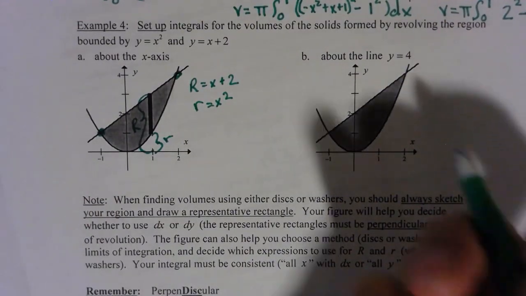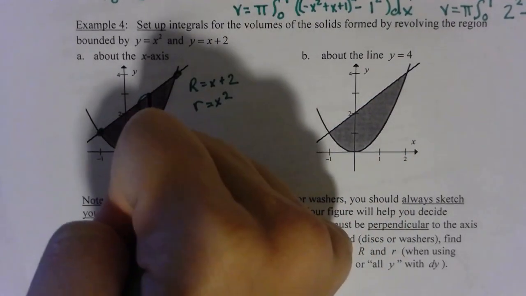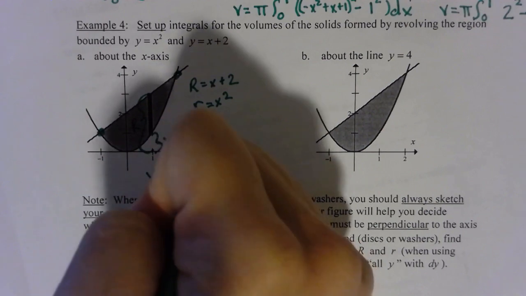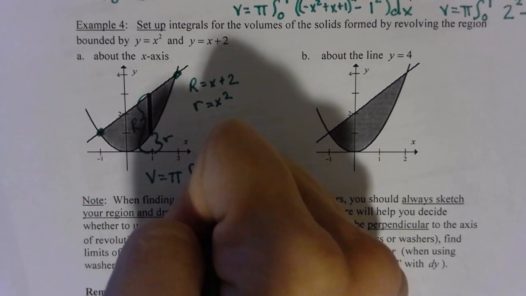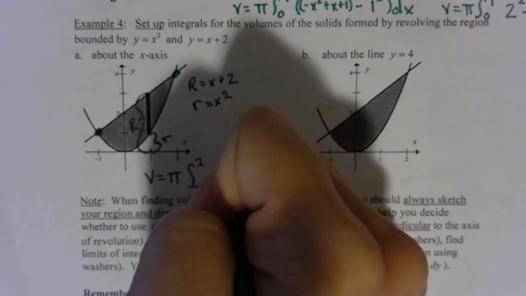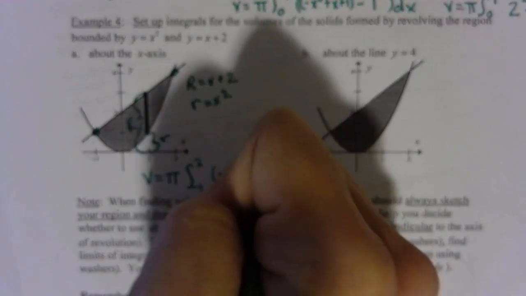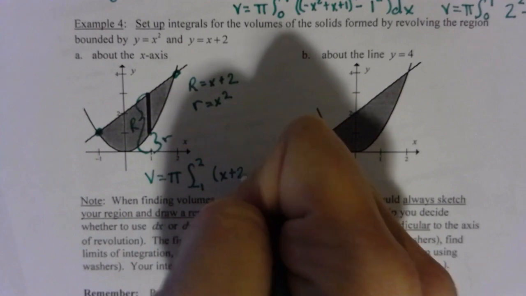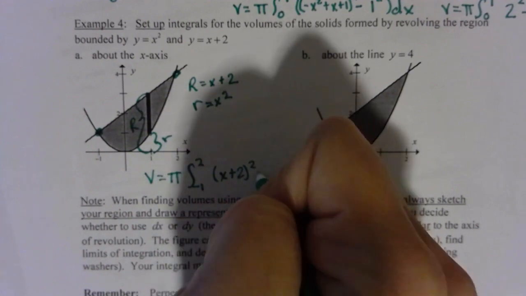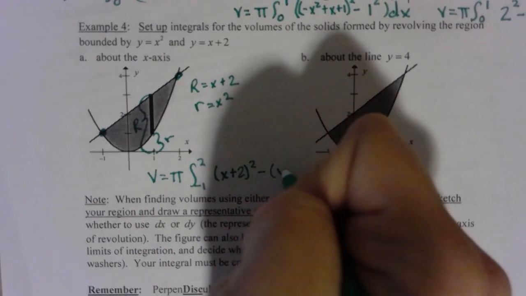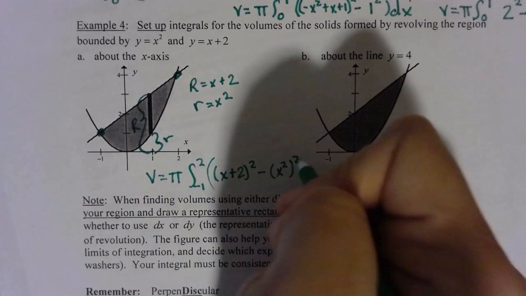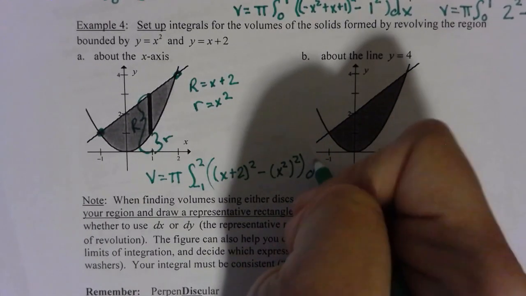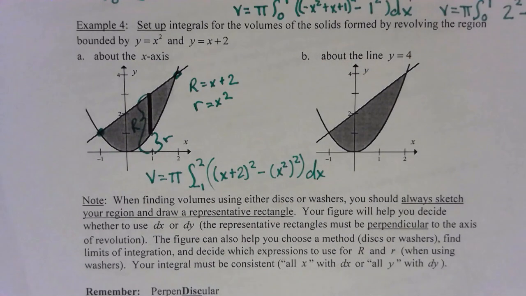So now we can set up our equation. We get V equals pi, the limit from -1 to 2. And remember, it is big R squared minus little r squared. And this is in dx.